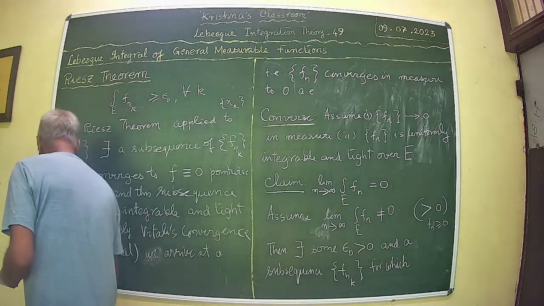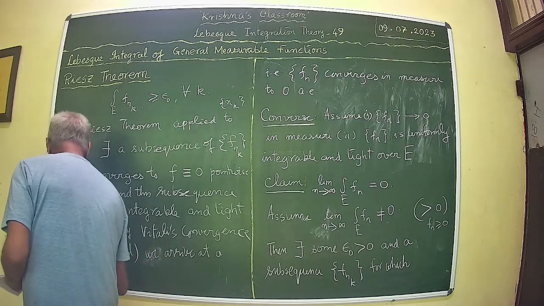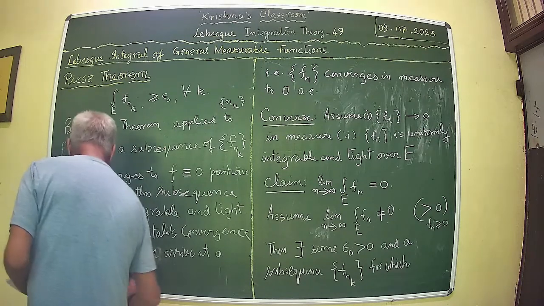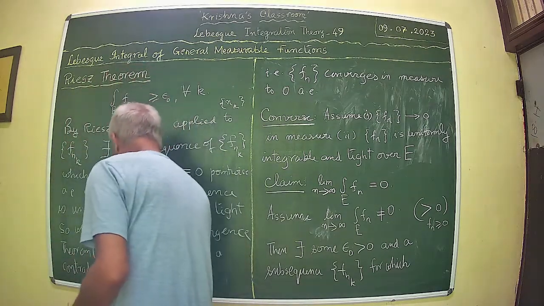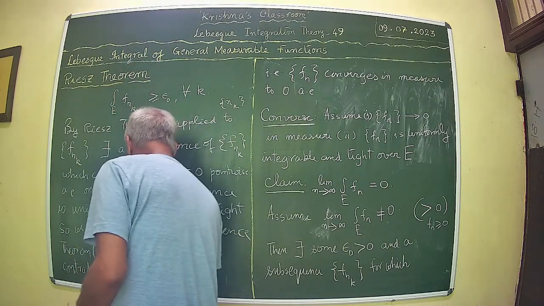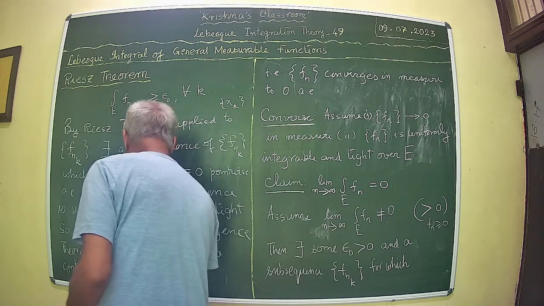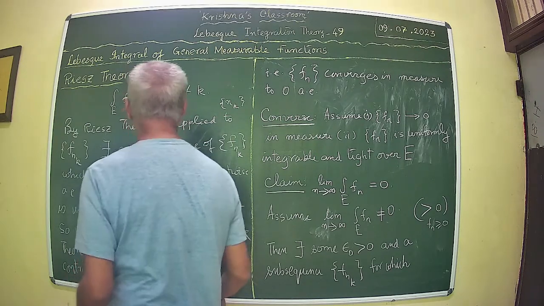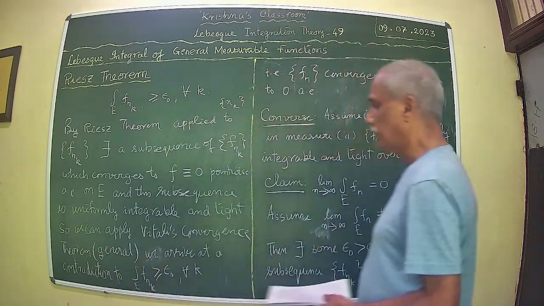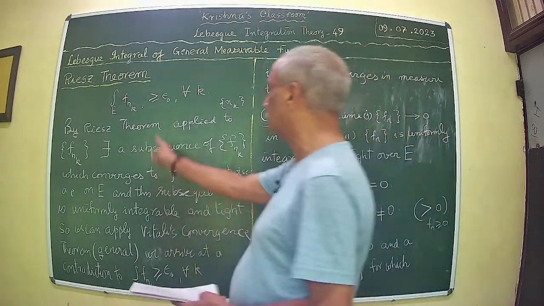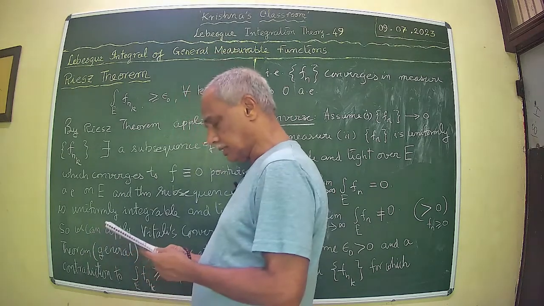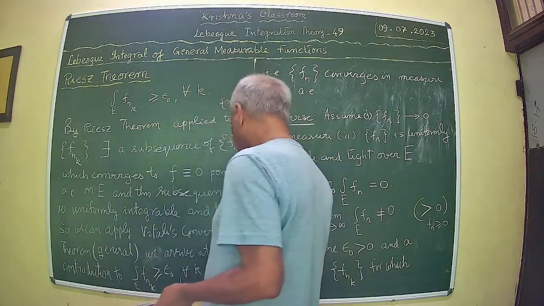Contradiction to the integral over E being at least epsilon naught, because you see that this integral goes to 0. Therefore, there is a contradiction. Now that completes it.